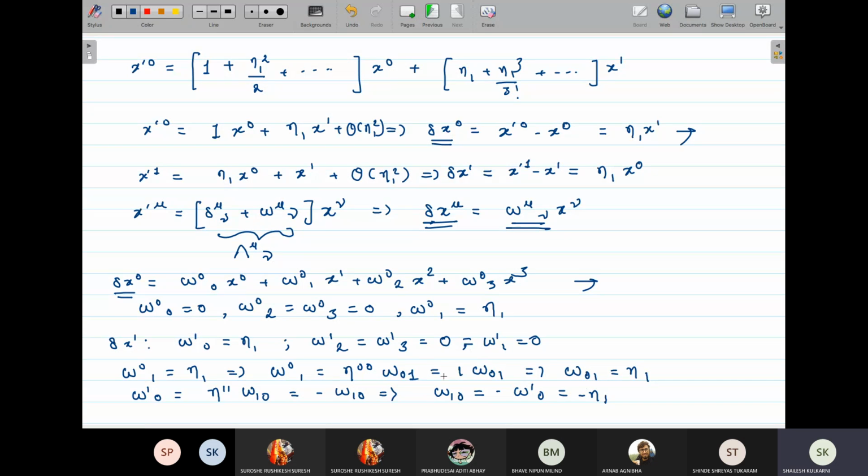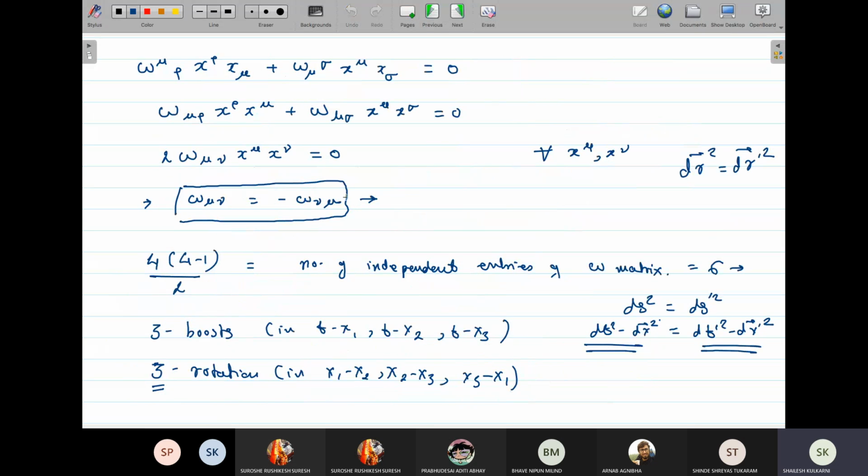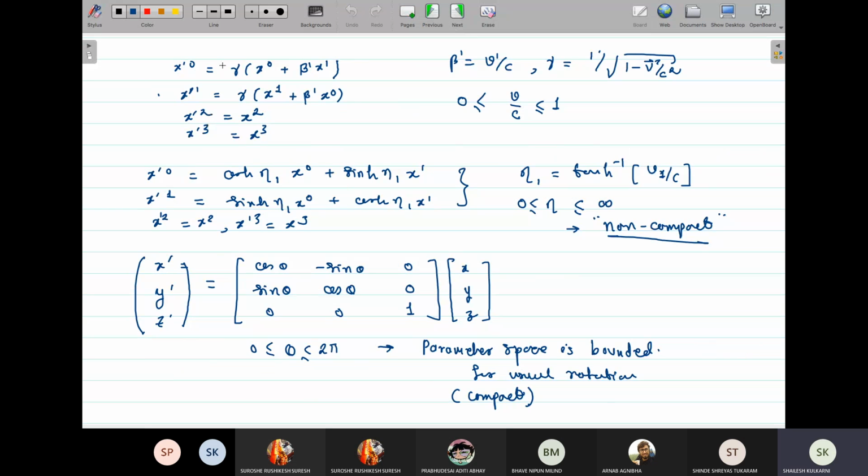So we know omega lower 0, 1 and omega lower 1, 0, and that is consistent with our finding that omega mu nu is antisymmetric. For this particular case, all other parameters are 0.